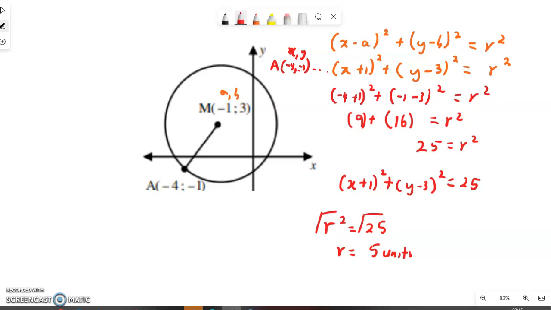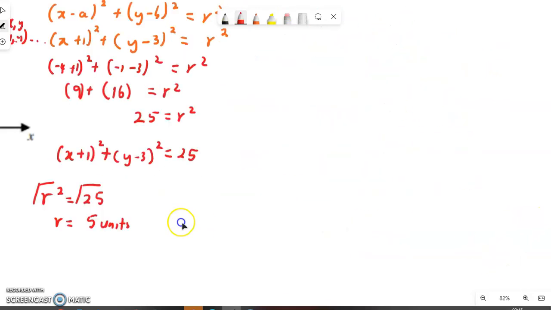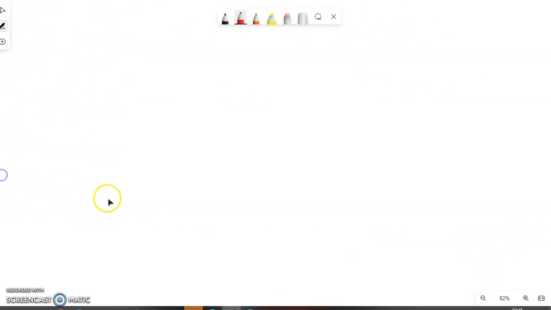Okay, let us continue and check how we find the coordinates of the center as well as the radius if we are given the equation.